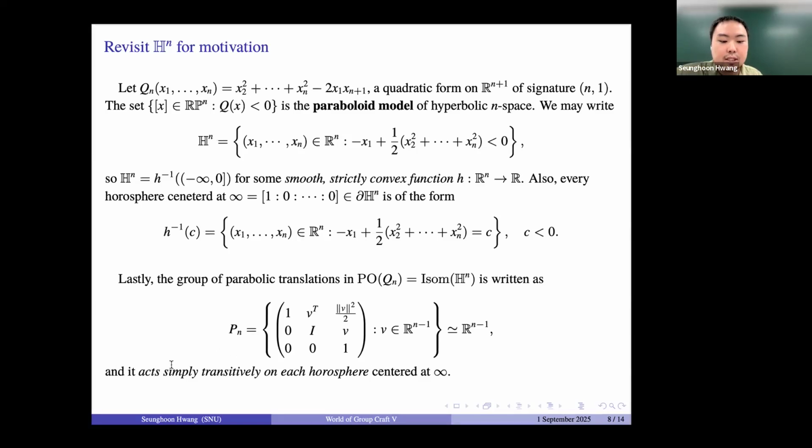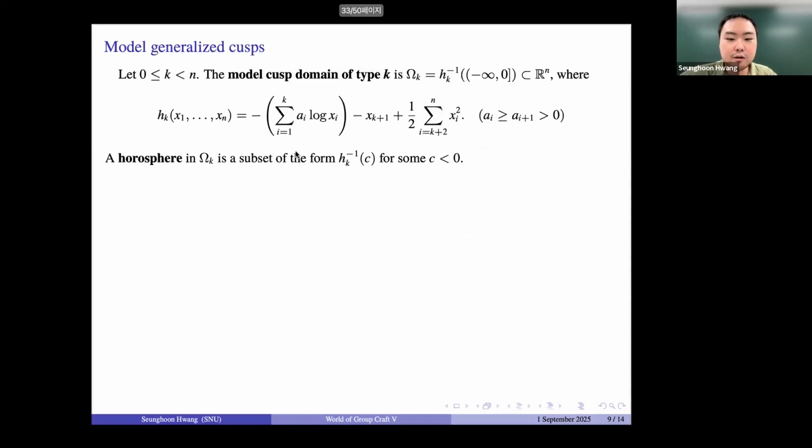It's a unipotent matrix, and we know that this group acts simply transitively on each horosphere centered at infinity. Now we're just going to mimic this construction, this feature, to define model generalized cusps.